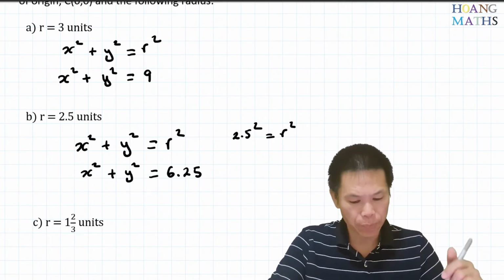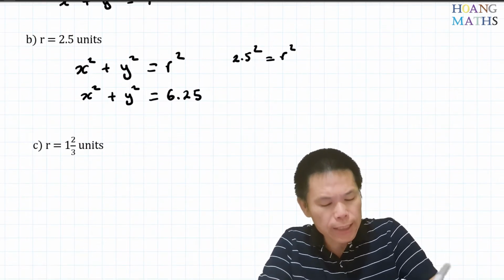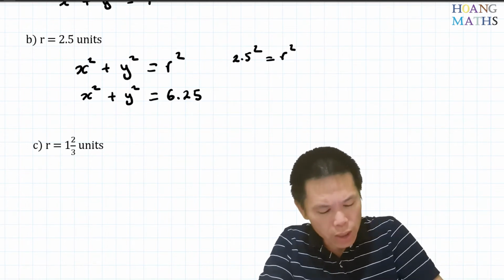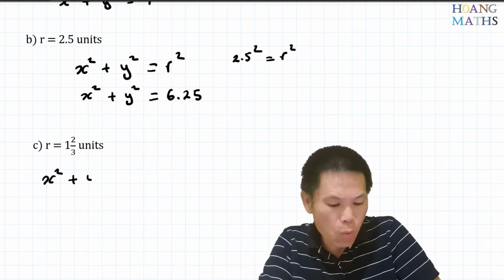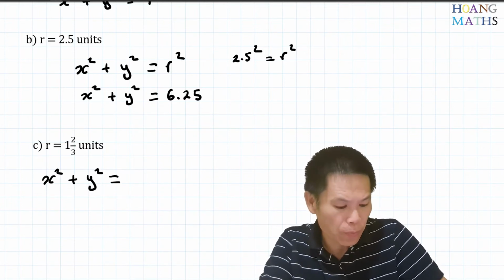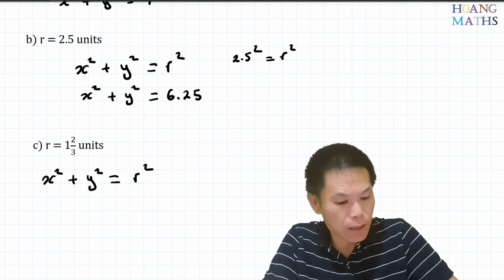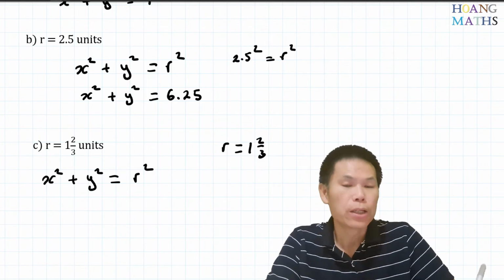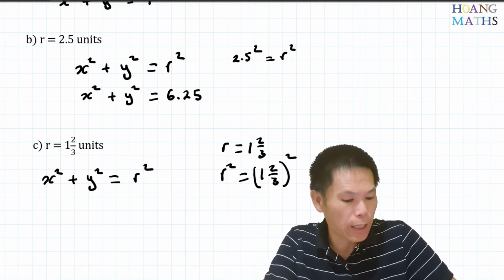Now part C. First of all, again, the center is still 0, 0. So the general rule, as we know, is x squared plus y squared is equal to r squared. But r is equal to 1 and 2/3. So r squared is equal to 1 and 2/3 squared.